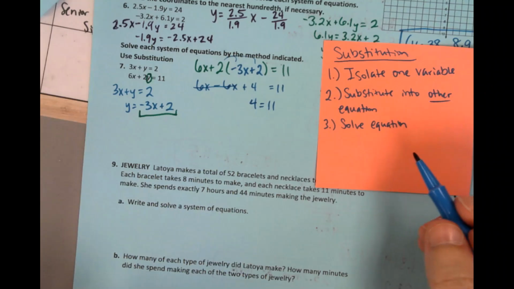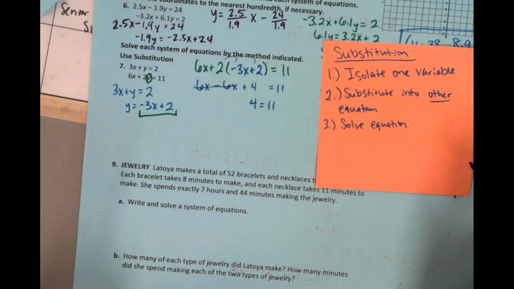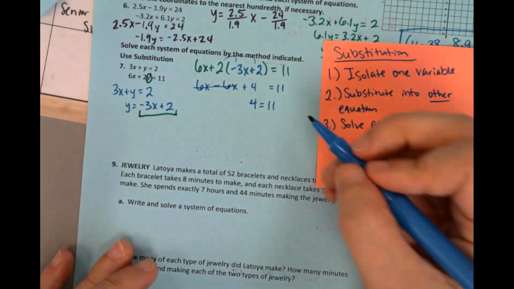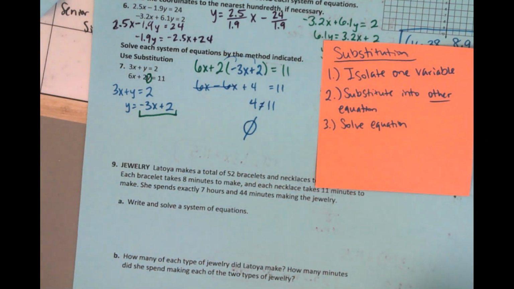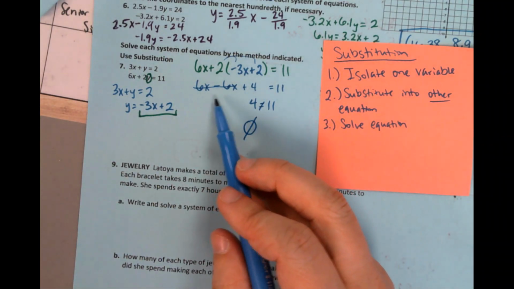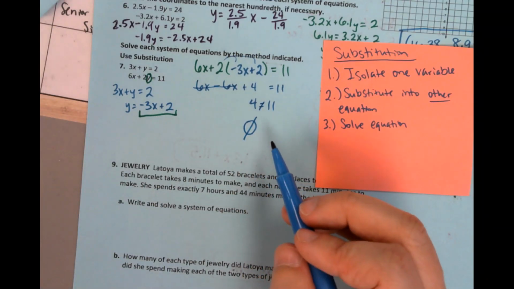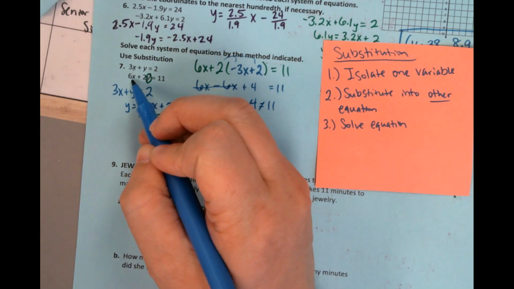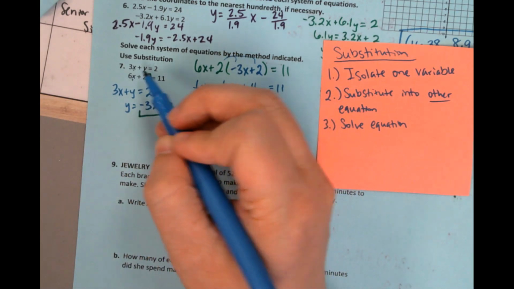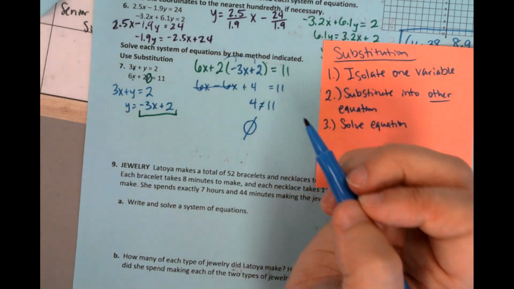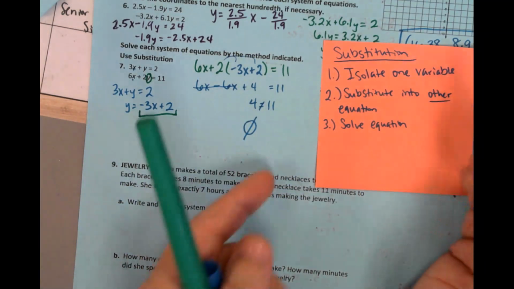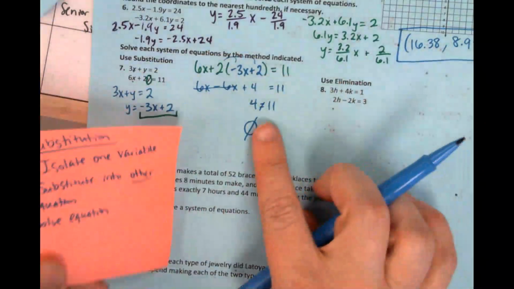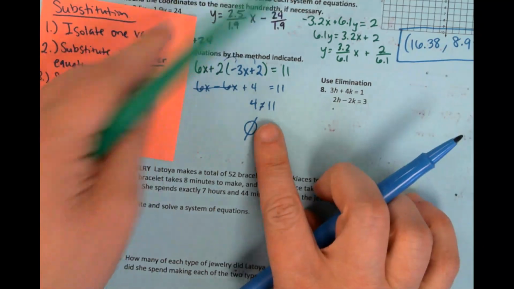The problem with the statement 4 equals 11 is that it doesn't. 4 does not equal 11, which means this is no solution or empty set. Usually, we would end up solving for x. We would get a value here, and we would plug that value back in for one of these x's. It would not matter which. We would solve for y. But because the x was eliminated and we don't have anything left, because we were left with a false statement, there's no solution.